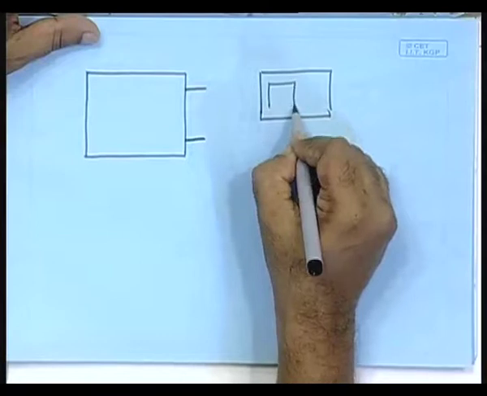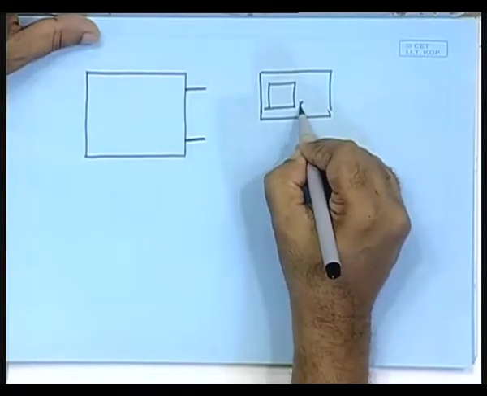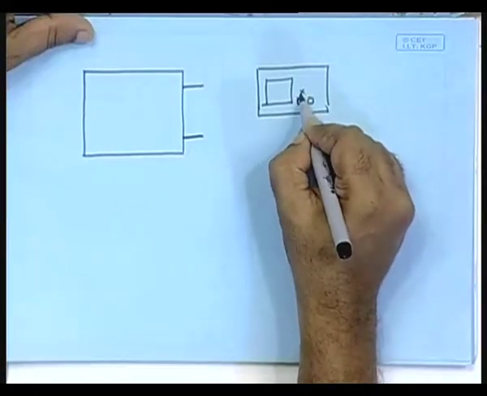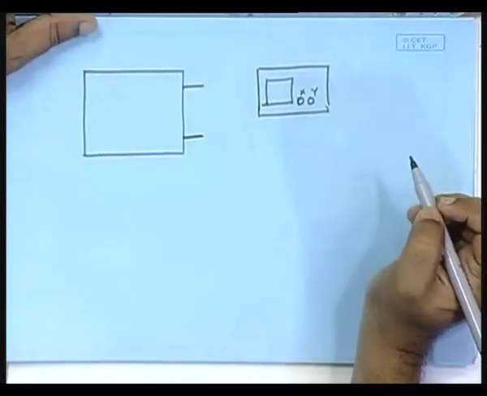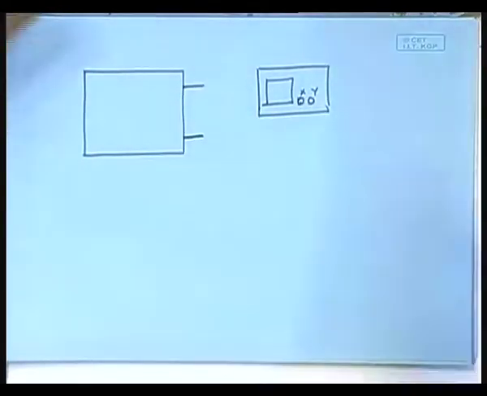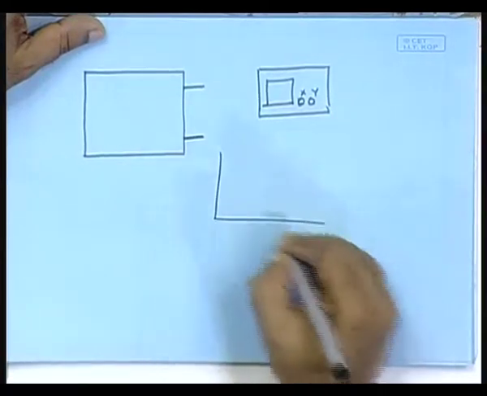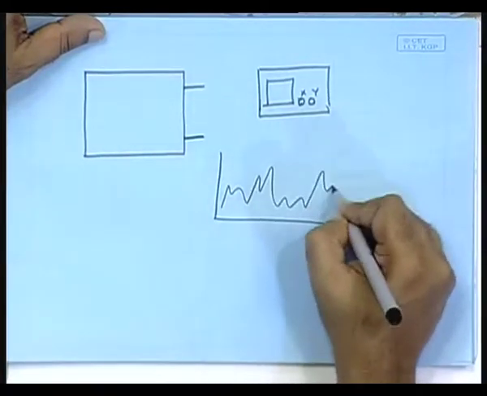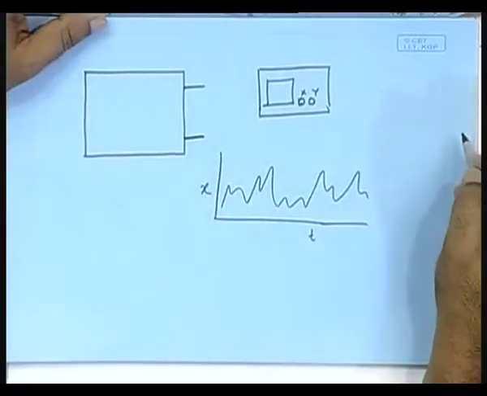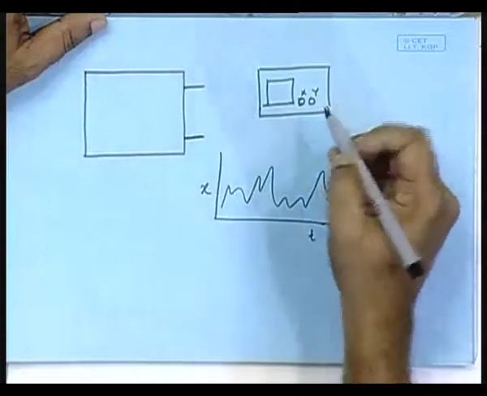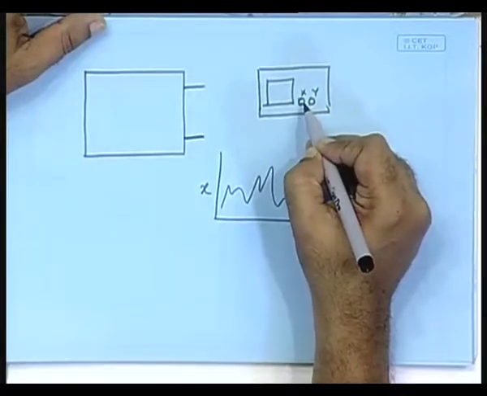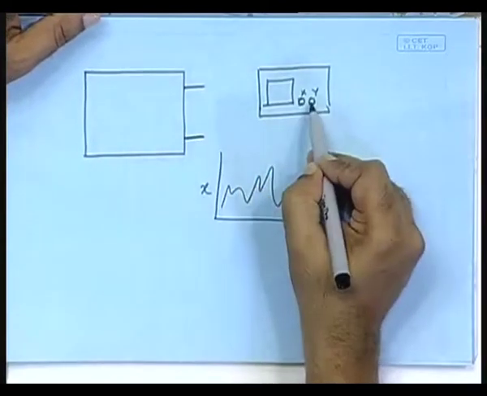In the CRO, you will find that there are a few ports where you can put, the X port and the Y port. If you put it in the X port and measure it against time, you will see some kind of oscillation like this. Here is your time, here is your X. There is a knob that you can turn in order to plot it in the X-Y mode. If you do that, you have to put the other variable in the Y channel.